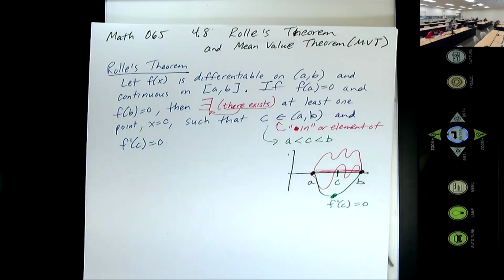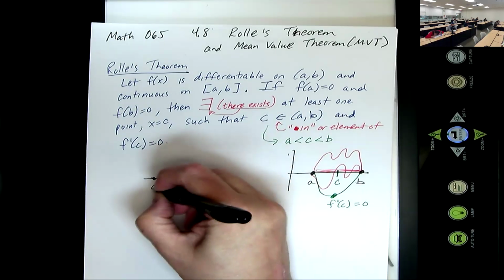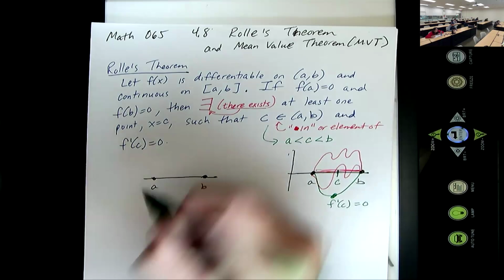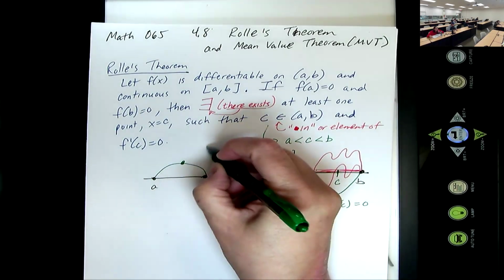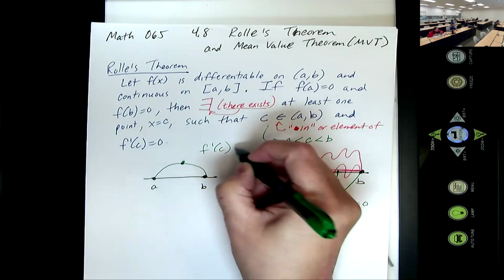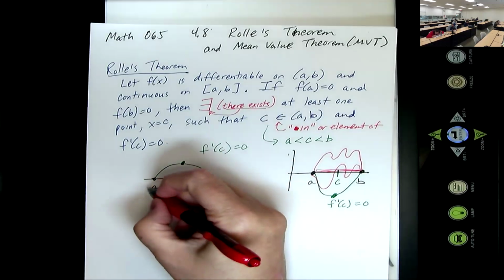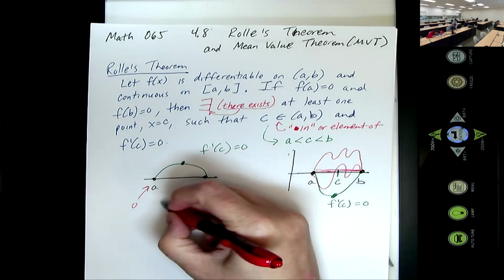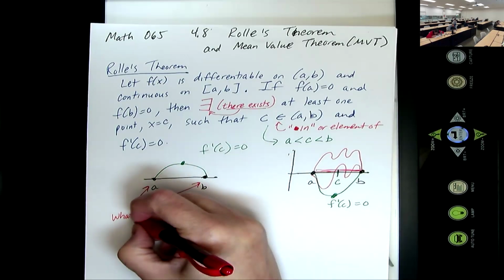Or if you do it above the line, kind of like if it's 0 here and 0 here and it goes up, what goes up must eventually come back down.